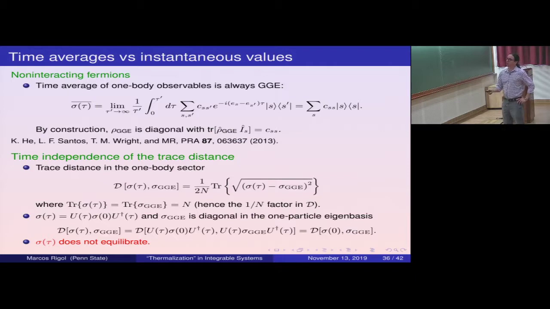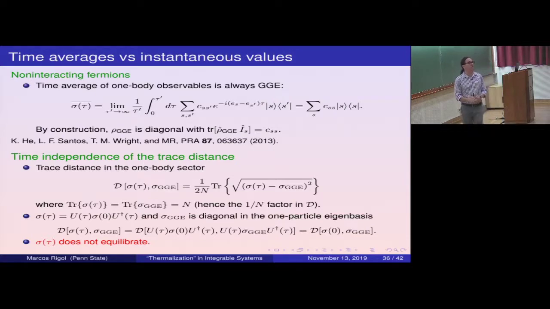Okay, so essentially now you see what happens for free particles. For free particles, the one-particle density matrix evolves unitarily, right? Because they are free particles. And the GGE is diagonal. So that means that the trace distance between the density matrix at any time and the GGE, you can immediately see, is a conserved quantity.